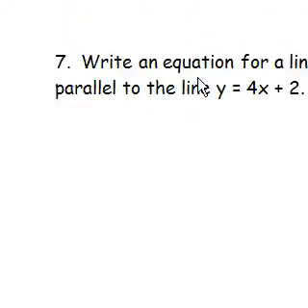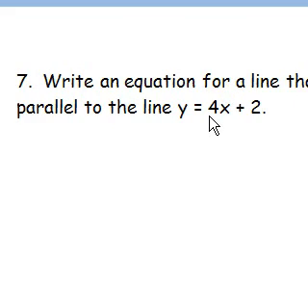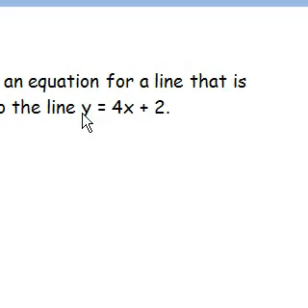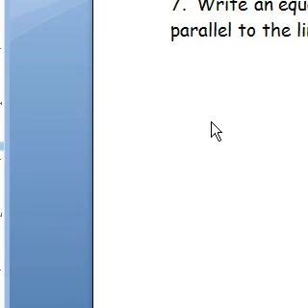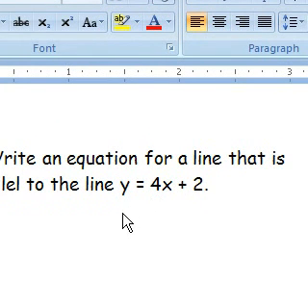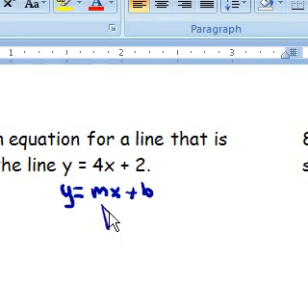Number 7, write an equation for a line that is parallel to the line y equals 4x plus 2. Okay, well, here's where we kind of need to get a little bit cerebral here. Remember that our general form is y equals mx plus b, and that it's our slope that represents the angle of our line.